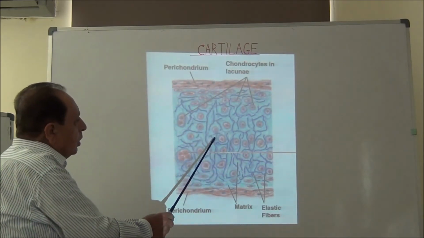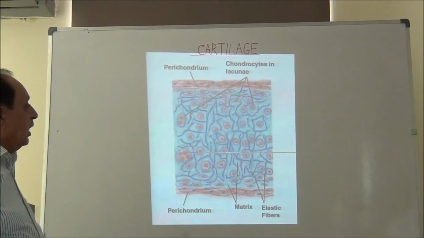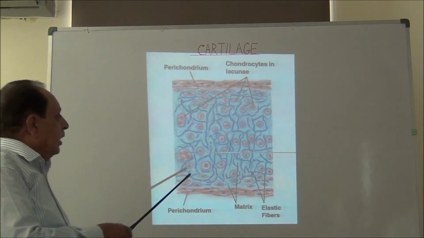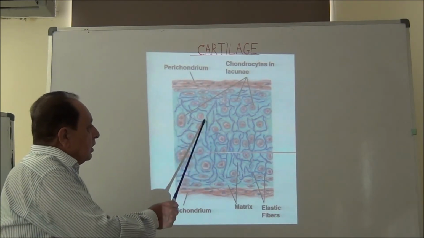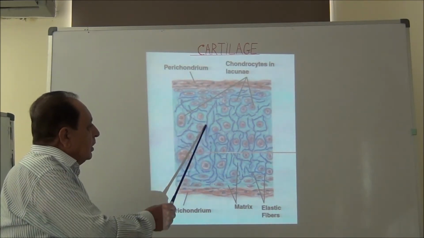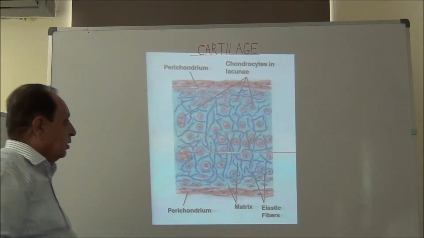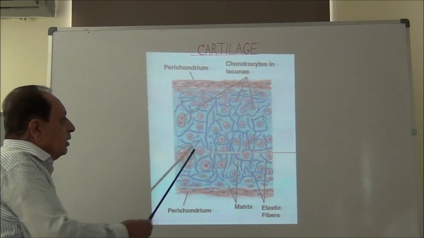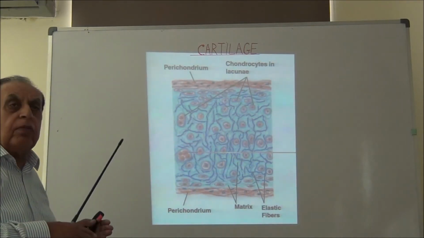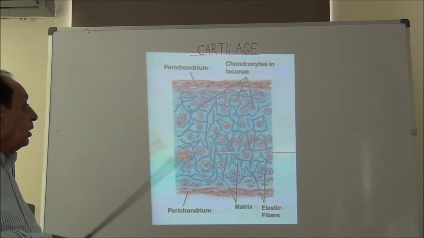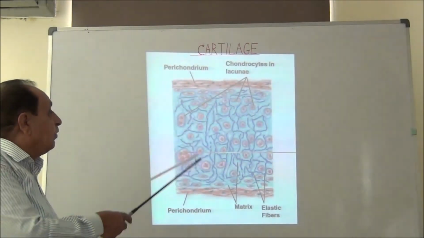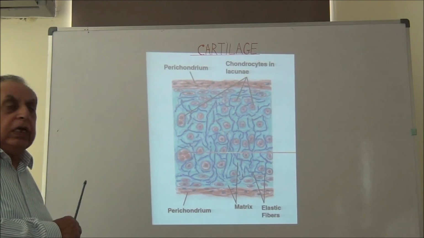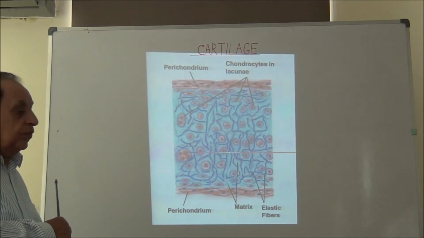As they reach downward toward the central portion, they become rounded. And in between these cells, there are elastic fibers. Many elastic fibers are either single or in the form of bundles. Due to the presence of these elastic fibers, this cartilage is called the elastic cartilage.